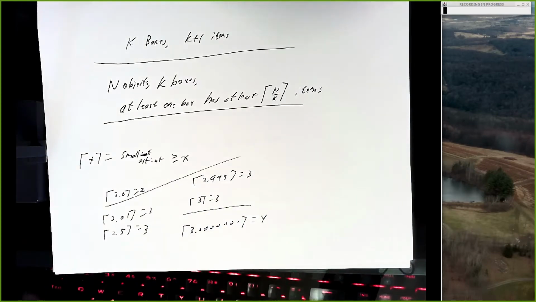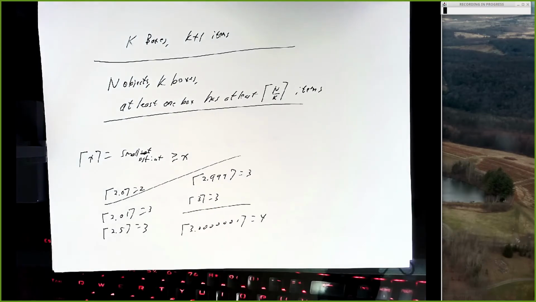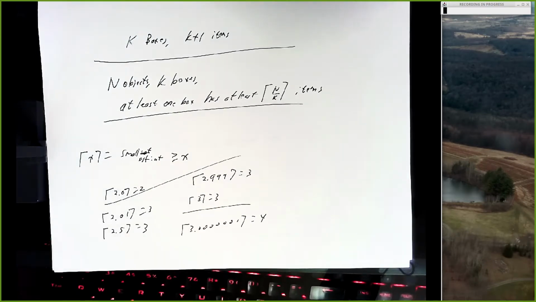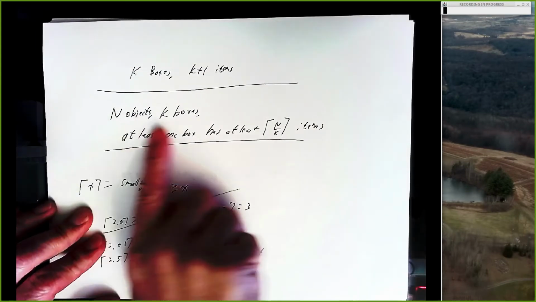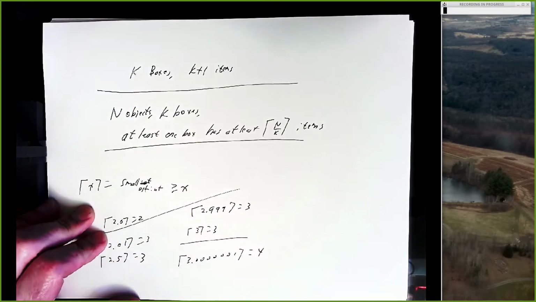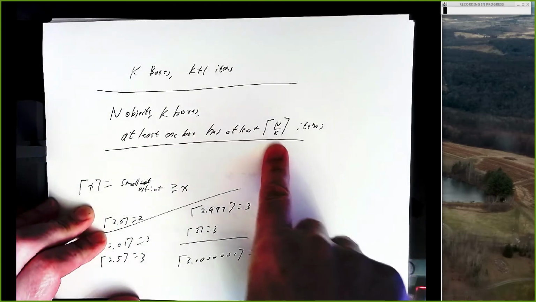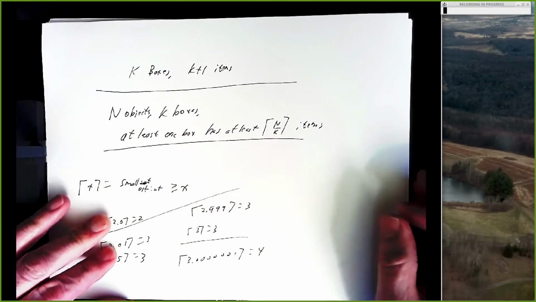All right, so this may be a new operator to use. The ceiling of x is the smallest integer bigger than or equal to x. And so the generalized pigeonhole principle says if you have n objects in k boxes, at least one box has ceiling of n over k items in it.